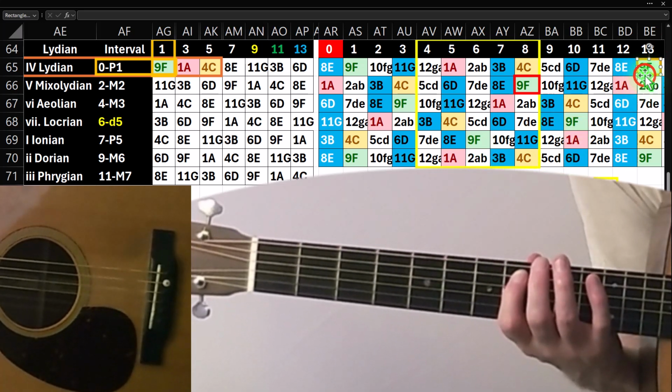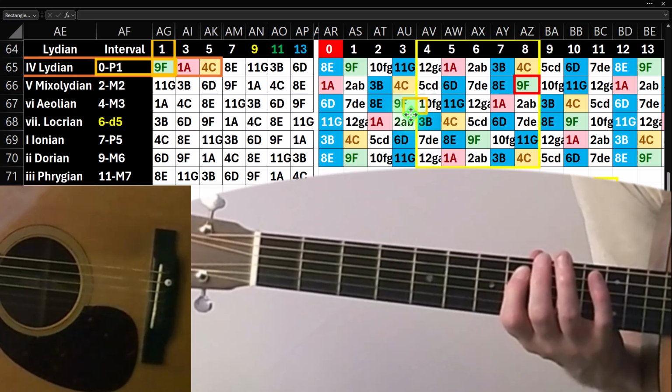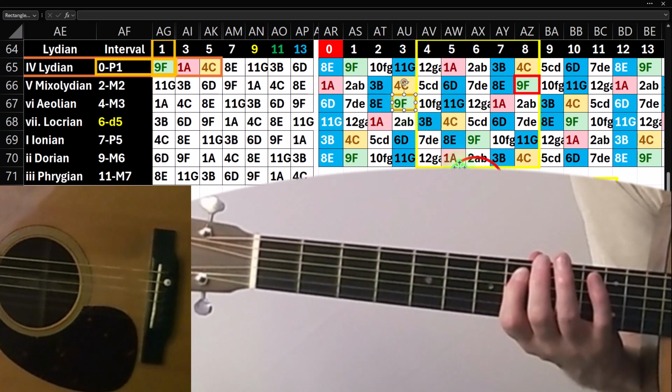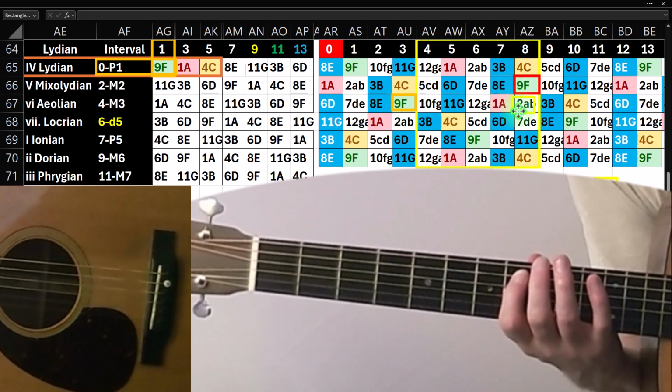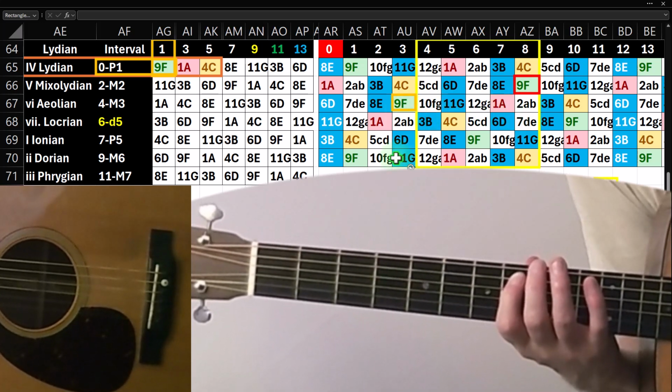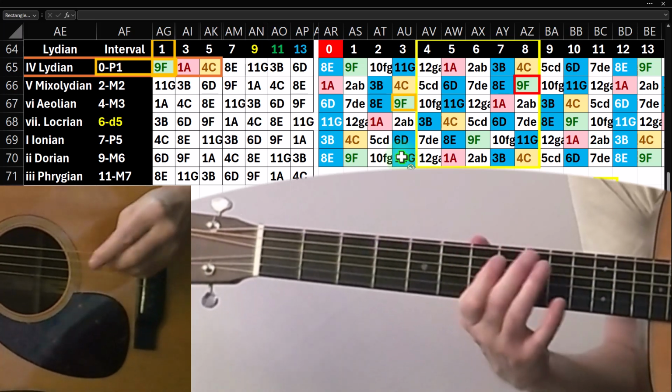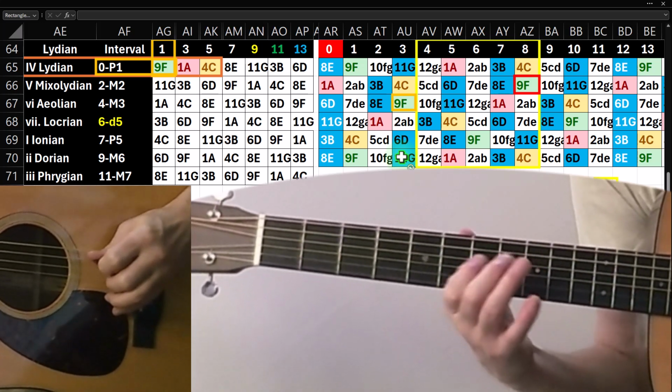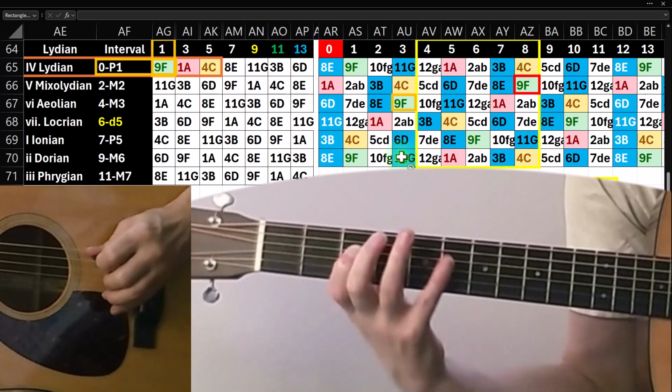Let's go down a string. So down a string, it's just the opposite. We can go backwards. So this is going to be -5, 4, 3, 2, 1, and then 0 or 12. So let's go here, -5, 4, 3, 2, 1, 0, or 12.